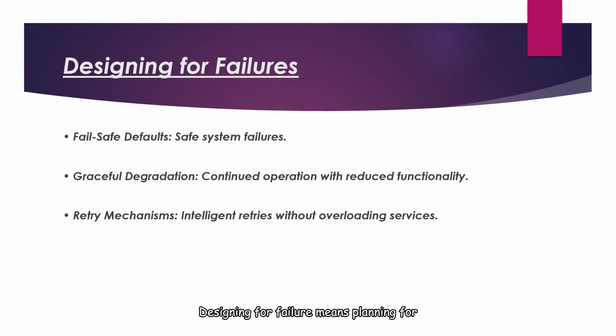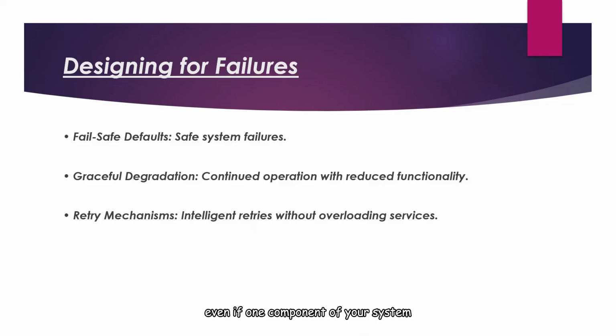Designing for failure means planning for failure from the start. We can't predict every possible error, but we can make sure our systems are prepared for common issues. One common approach is to use fail-safe defaults. This means if a part of your system fails, the system automatically falls back to a safe state. For instance, if an online payment system fails, it might automatically offer the user an alternative payment method. Another important concept is graceful degradation.